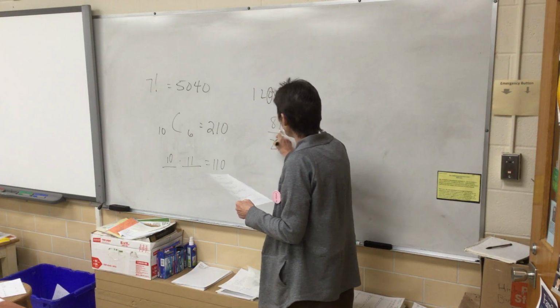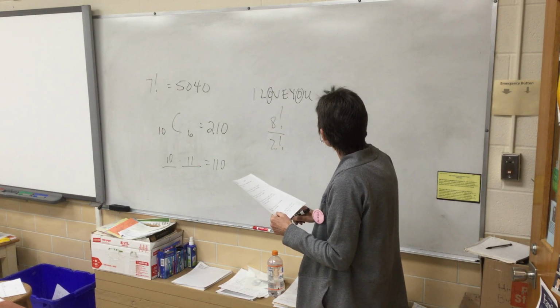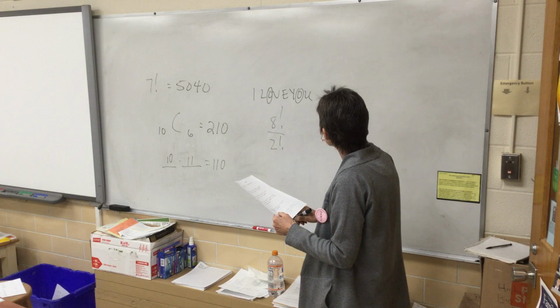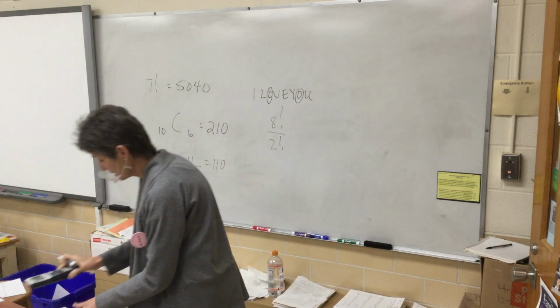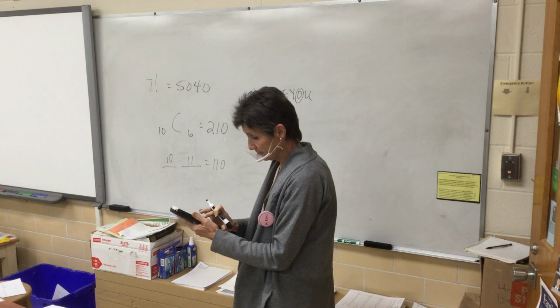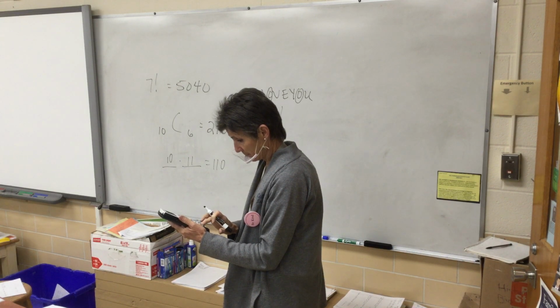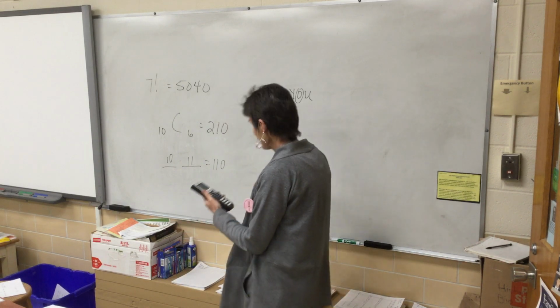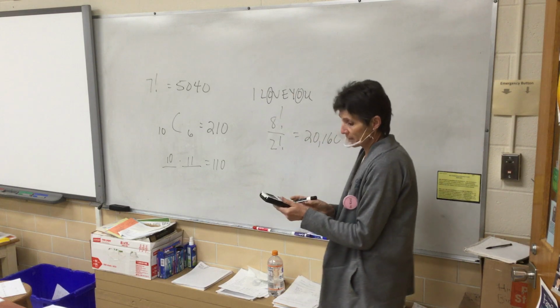So I divide by 2 factorial because there are 2 O's. Are there any others? That's it. So my answer is 8 factorial divided by 2 factorial. So I can type that in. And it's 20,160. That's what you should have gotten as your answer.